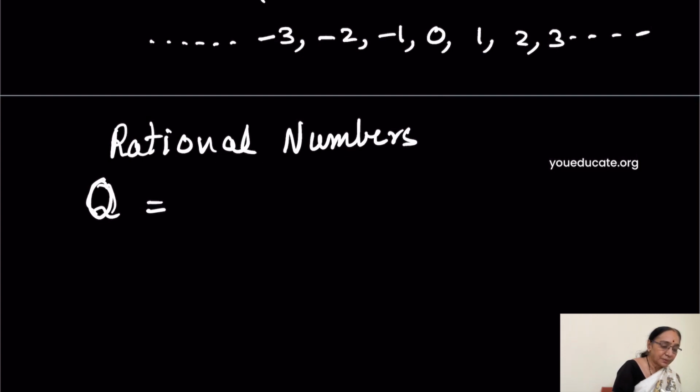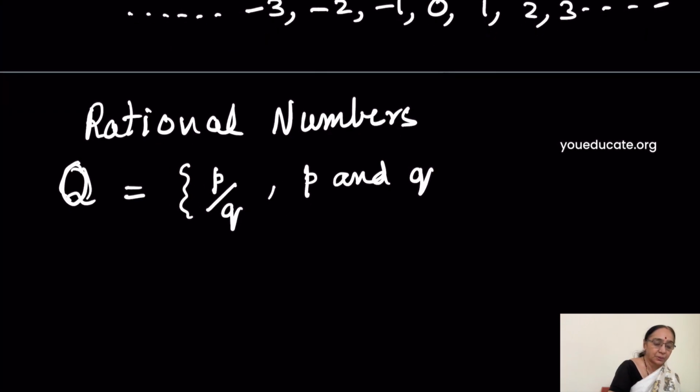It is of the form P by Q, P divided by Q, where P and Q are integers. P can be a positive or negative integer, and Q can be a positive or negative integer, but make sure that Q is not 0. P can be 0, but Q cannot be 0.